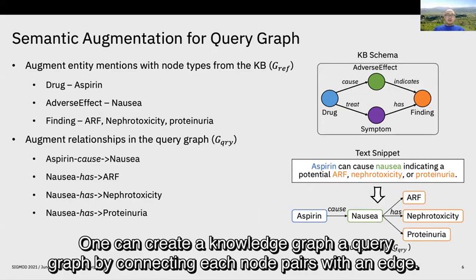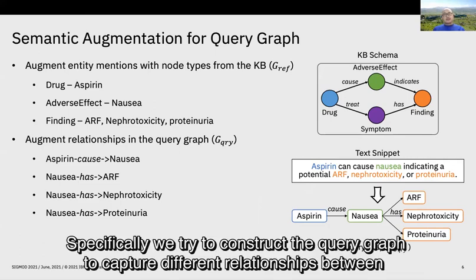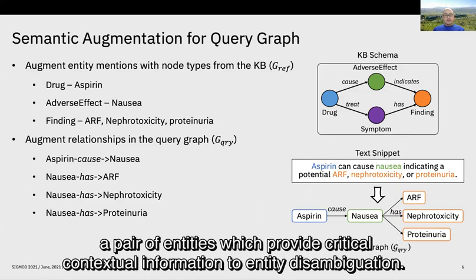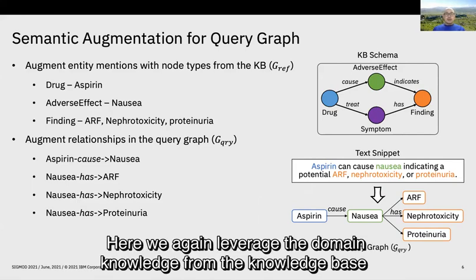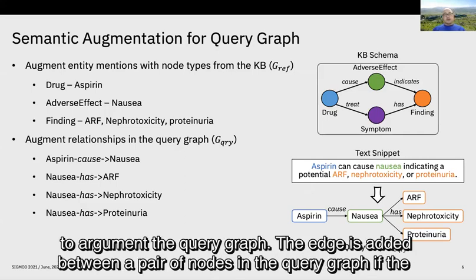One can create a query graph by connecting each node pair with an edge. Specifically, we try to construct the query graph to capture different relationships between a pair of entities, which provide critical contextual information to entity disambiguation. Here we again leverage the domain knowledge from the knowledge base to augment the query graph.